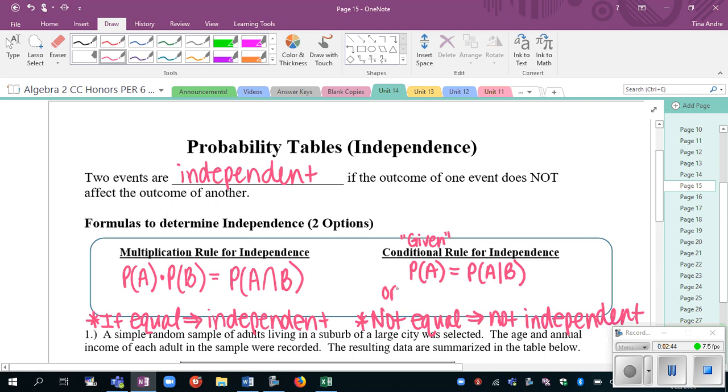This is also the same as saying the probability of B is equal to the probability of B given A. Notice that in one rule the B comes first, and in the other rule the A comes first. It's saying the probability of B out of everything is equal to the probability of B given that A happened. So those are your two options.